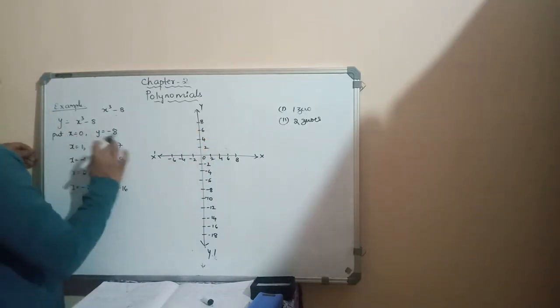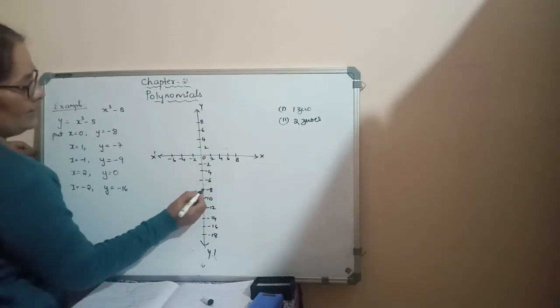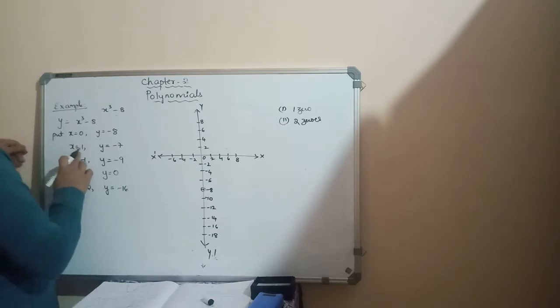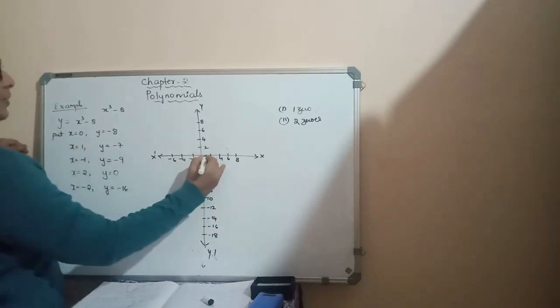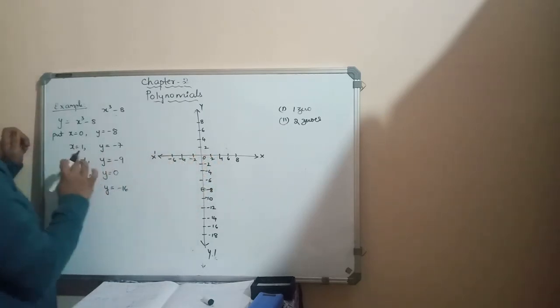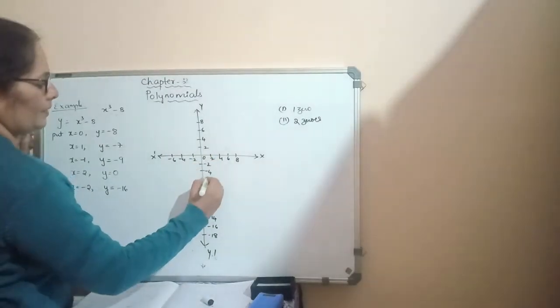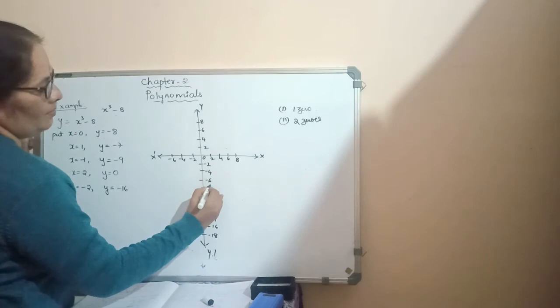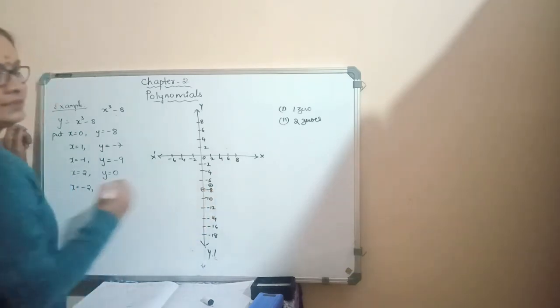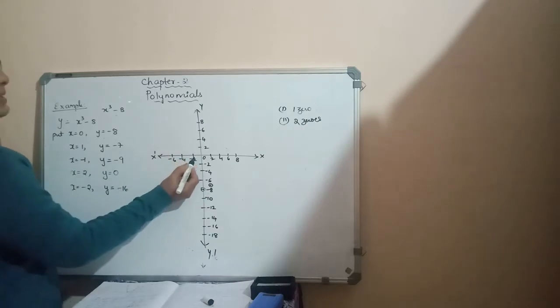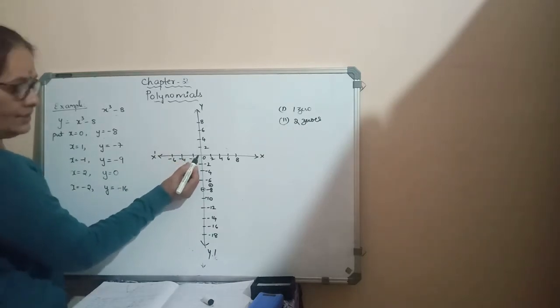Okay. Now we locate all these points. When x is 0, y is minus 8. Then, when x is 1, 1 is between 0 and 2, y is minus 7. Minus 7 is here between minus 6 and minus 8. Then, x is minus 1, here between minus 2 and 0.